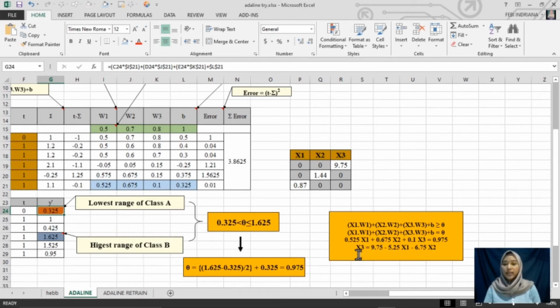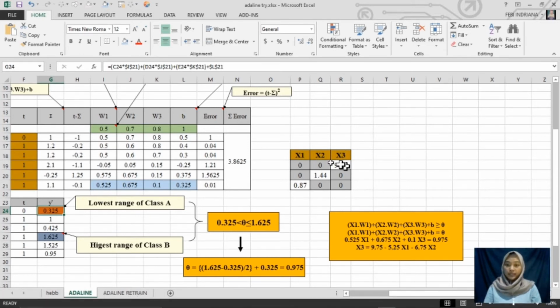We obtain that x3 equals 9.75 minus 5.25 x1 minus 6.75 x2. After we know this equation, we can use it to determine x1, x2, and x3.